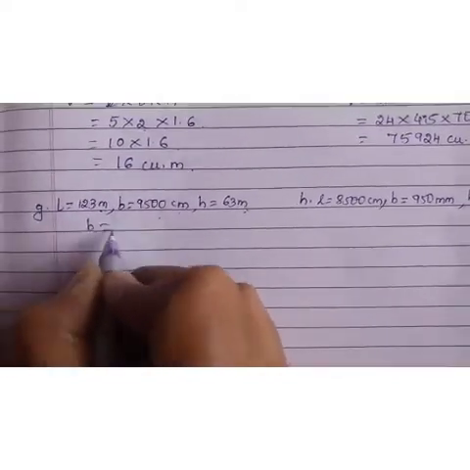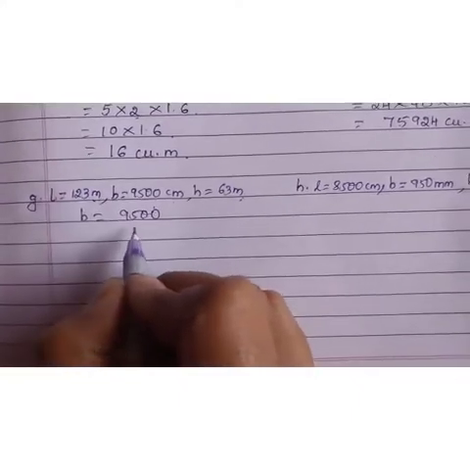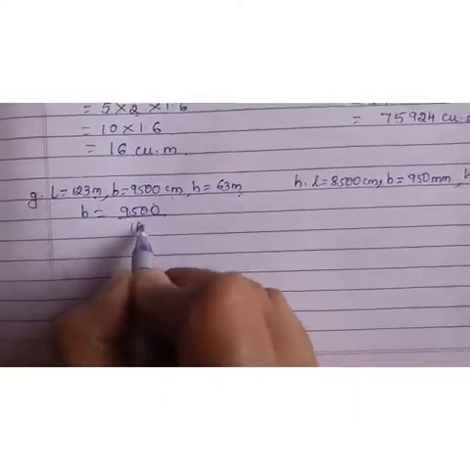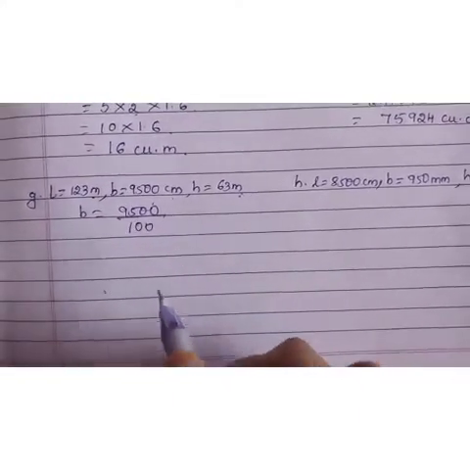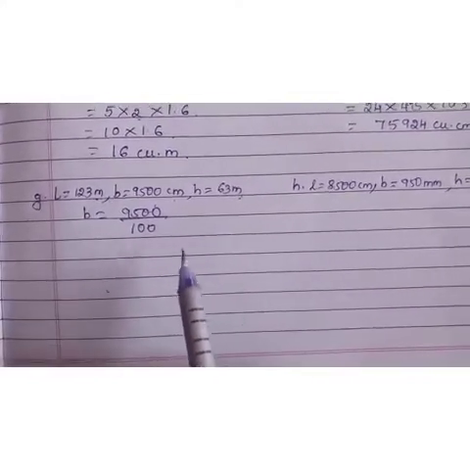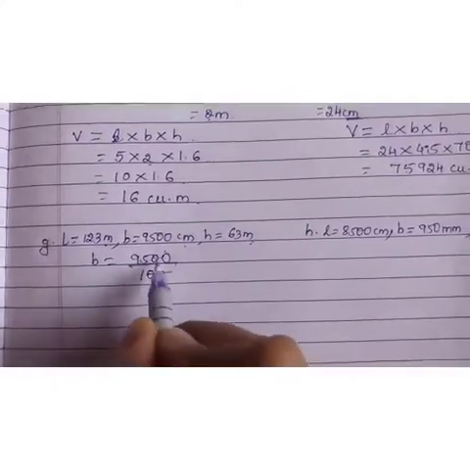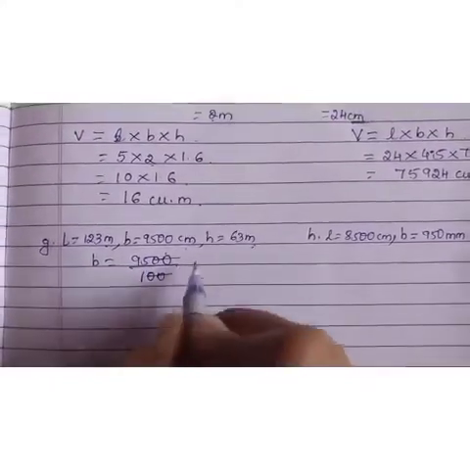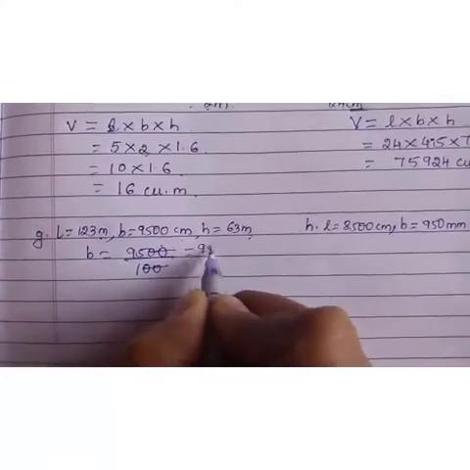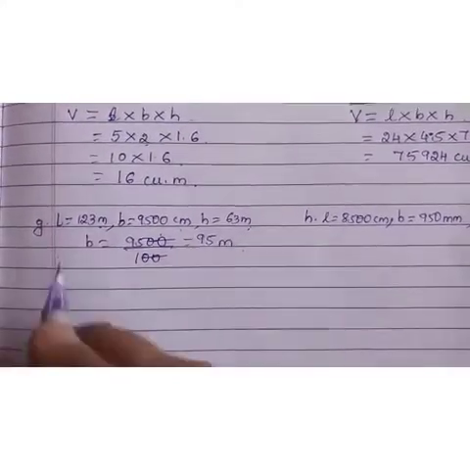So breadth, when you convert centimeters into meters, we have to divide it by 100 because 1 centimeter is equals to 1 upon 100 meters. So divide it by 100. 2 zeros gets cancelled. What is remaining? 95, and write the unit as meters. Now we have converted into meters.